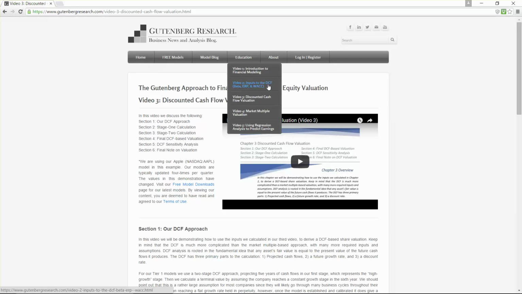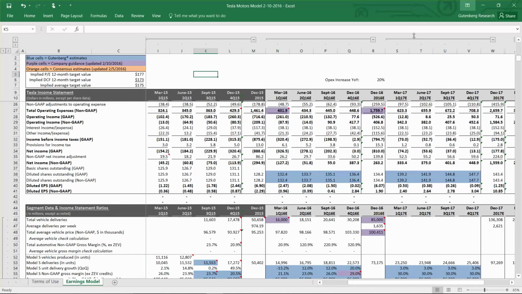Within that description, we talk about why a growth company like Tesla would have such a high near-term price-earnings ratio, and that's due to the fact that the market is not valuing the company based on earnings that they're going to achieve next year, but many years down the line. It's all about the long-term earning capacity of the company, and we describe that in our video. So definitely take a look at that.